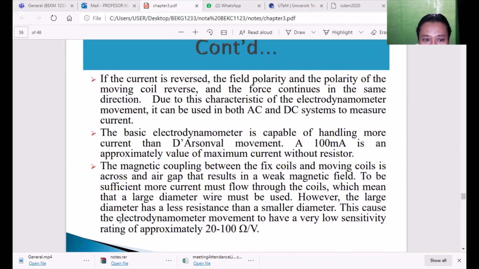So this causes the electrodynamometer movement to have a very low sensitivity rating of approximately 20 to 100 ohms per volt.